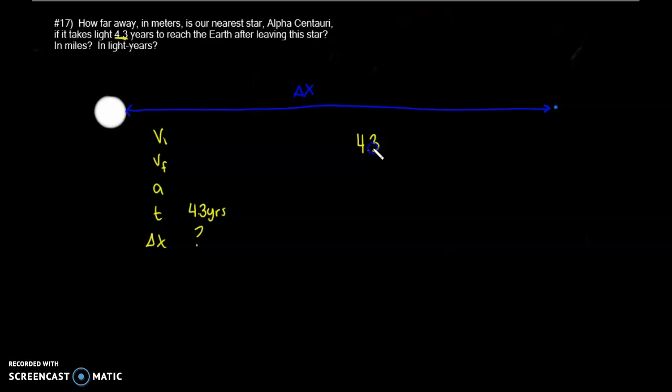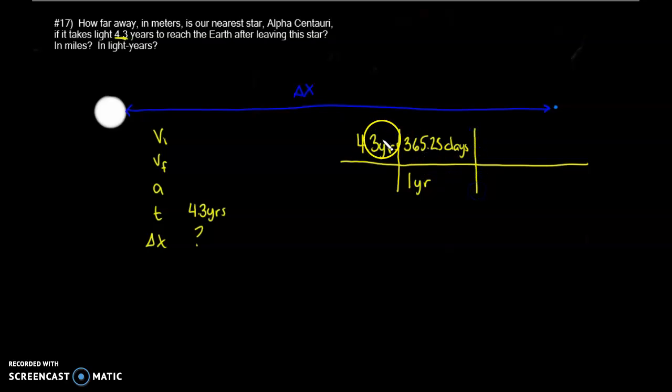So 4.3 years. I'm going to use that train track method. So 1 year is 365.25 days. Now, if I was just doing this for a year or less than a whole year, I wouldn't necessarily have to worry about the 0.25, but 4 years includes that whole leap year where we get an extra day.